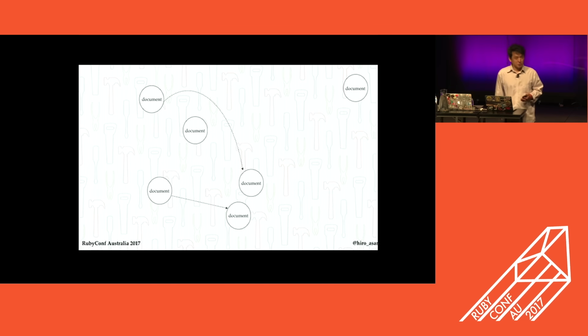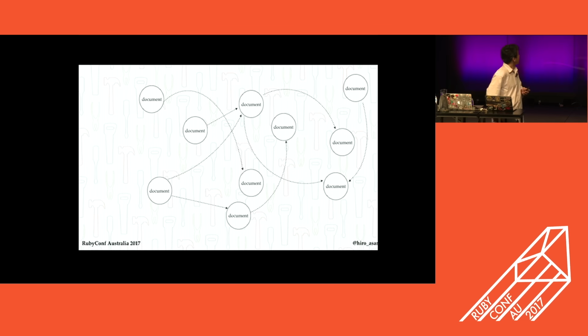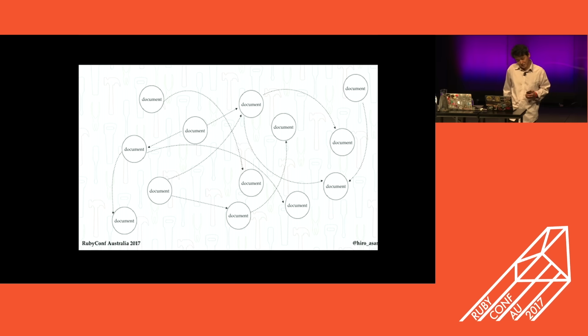The original schema is very simple. Documents are texts, and texts are linked with hyperlinks to other documents, and so on and so forth.